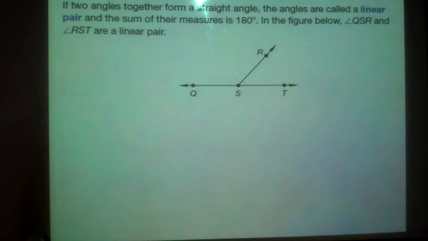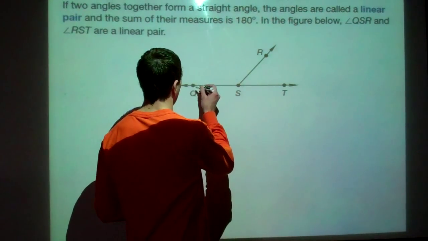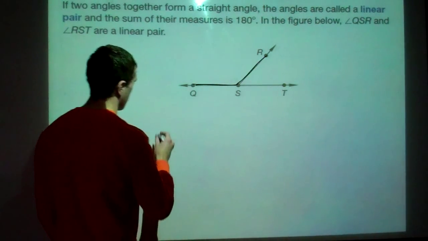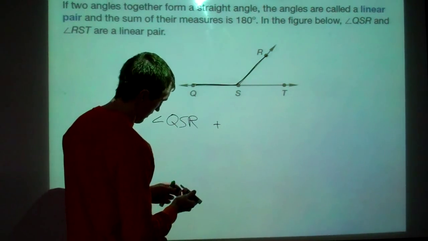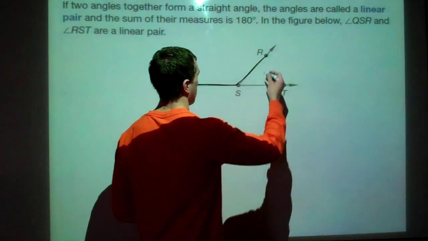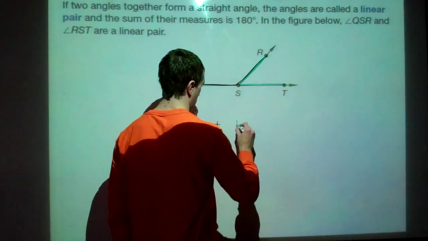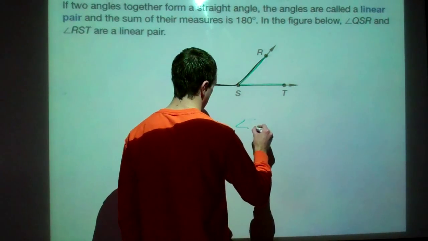It says if 2 angles together form a straight angle, straight would be a straight line, the angles are called linear pairs, and the sum of their measures is 180. Alright, so if I look at this, we have angle QSR plus angle RST. Don't want to forget my angle sign.